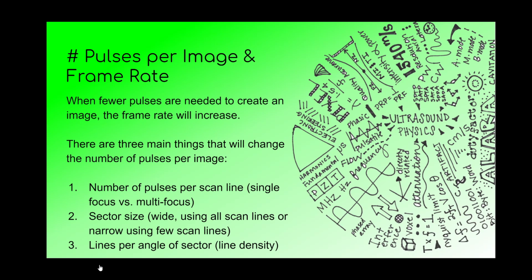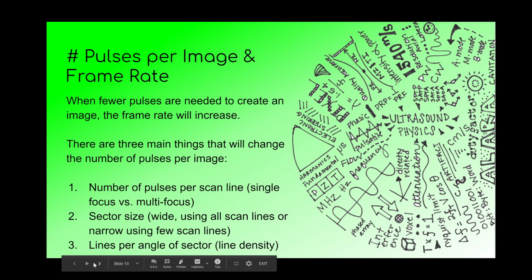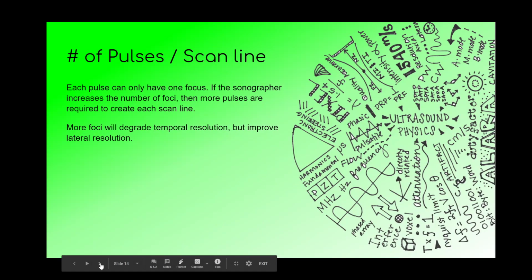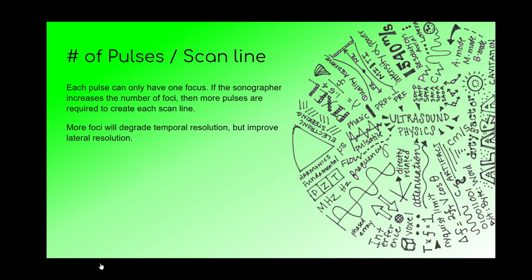So let's take a look at each of these a little bit closer. Remember again, each focus that you put on requires a new pulse because each pulse can only have one focus. So if you increase the number of foci for your image, you are going to degrade your temporal resolution.